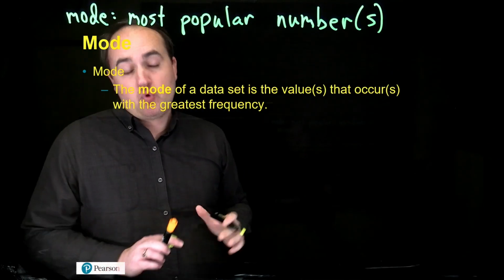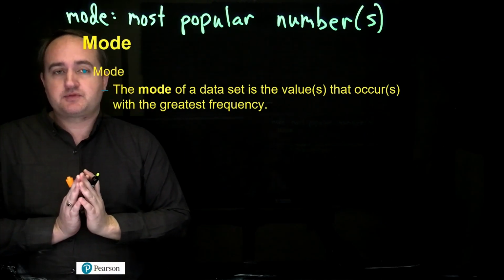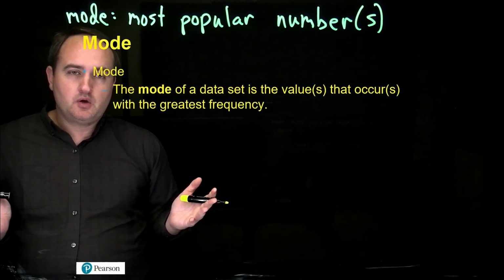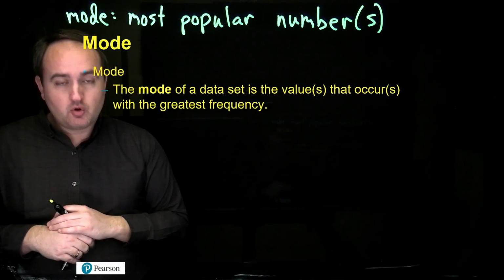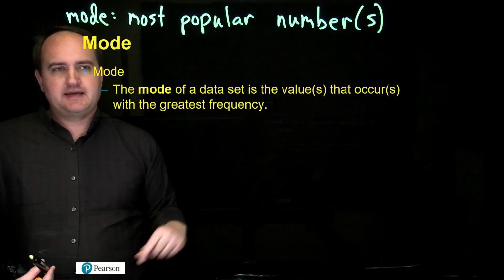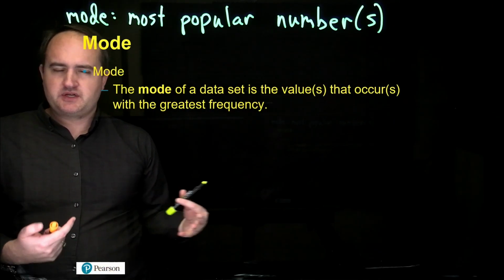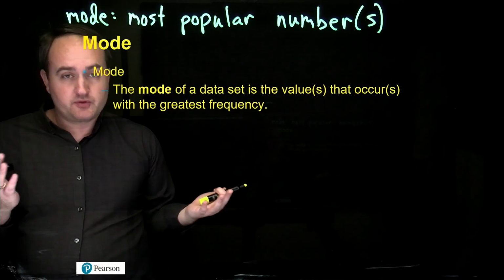You can actually have more than one mode. So even though it's a measure of center, it turns out that you can have more than one mode, or you can have no mode, or you can have exactly one mode. So there are a lot of different cases. So what do I mean by the most popular numbers? I just mean the numbers that occur more than the others.